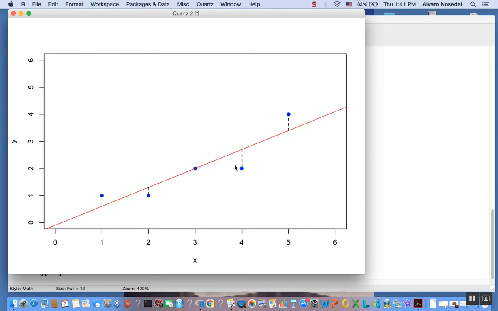Observation, prediction. So we measure the lengths of these vertical lines, and we square them. And then for every line that we can think of, we just measure that quantity. And the winner is going to be the one that minimizes the sum of the squares of those vertical distances. That's going to be our criterion.